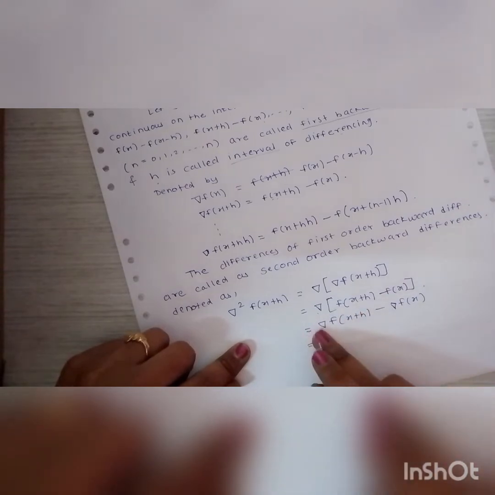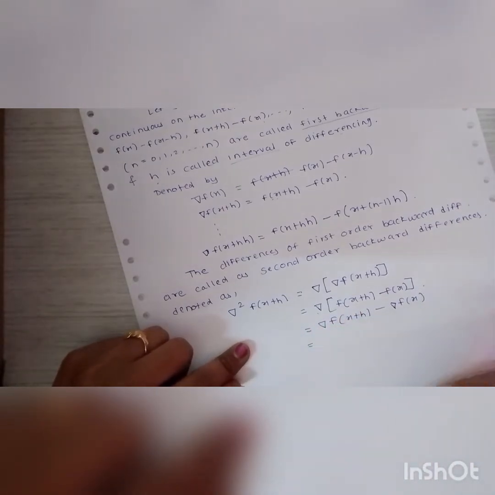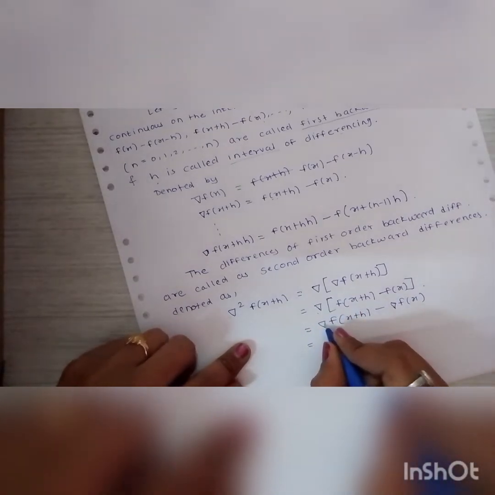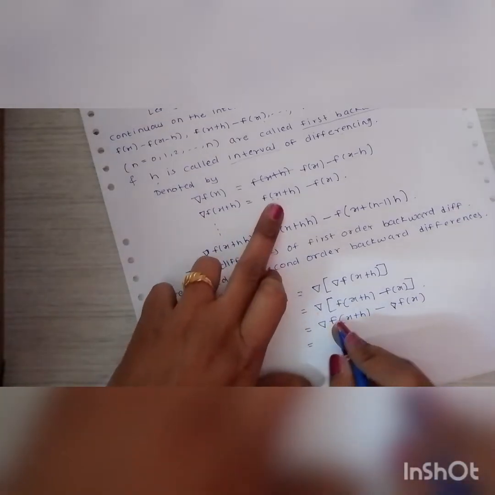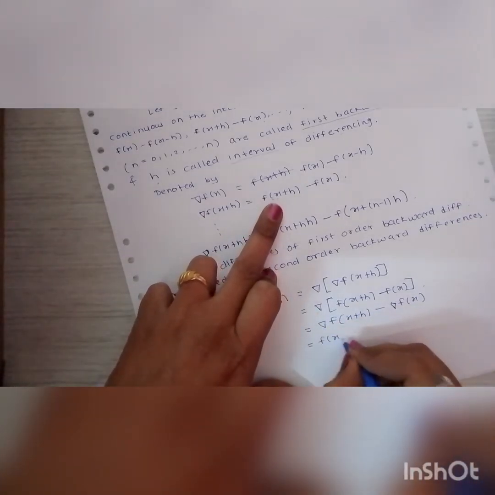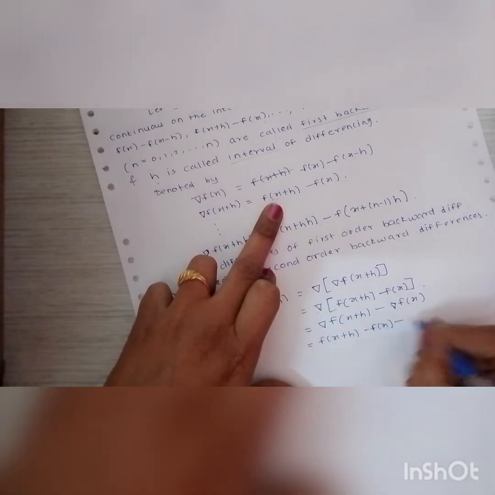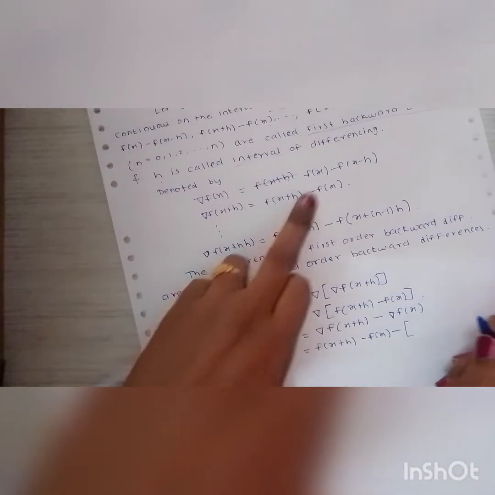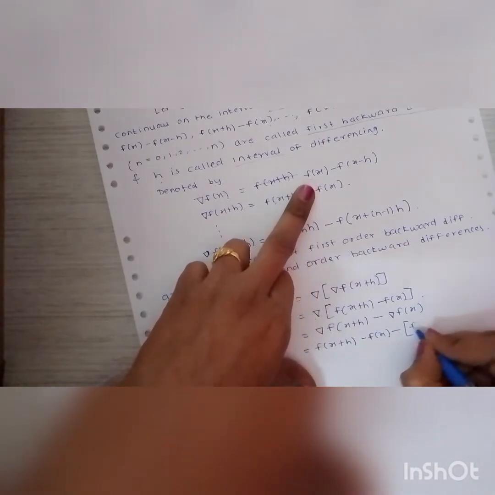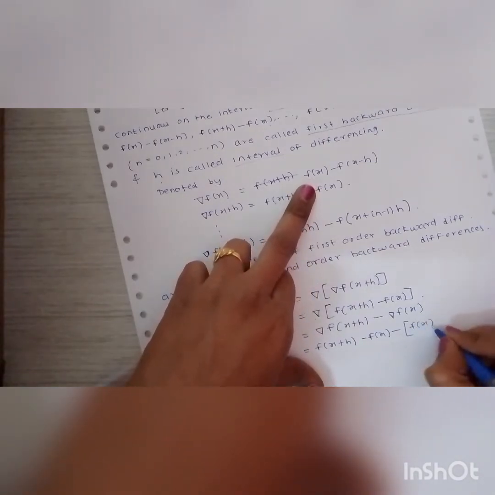Now substitute the values: del f of x plus h is f of x plus h minus f of x, minus del f of x, which is f of x minus f of x minus h.